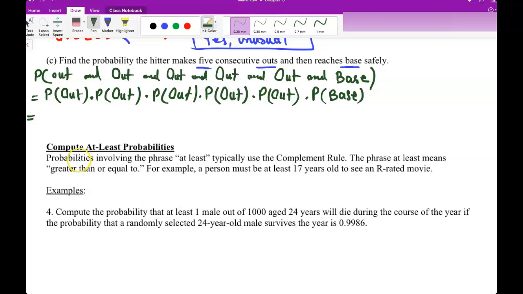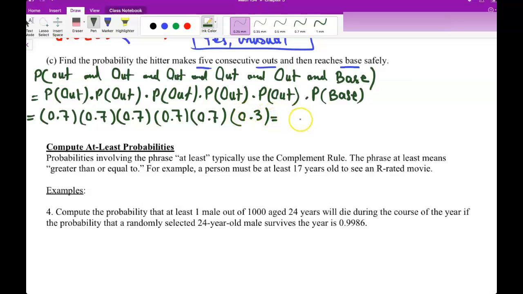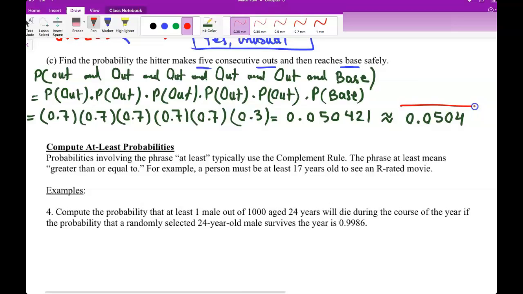Adding out and base, 70% plus 30%, you should have 1, so 100%. So multiplying all these numbers, it's 0.050421, and we should round it, that is 0.0504. So this is the answer for part C.